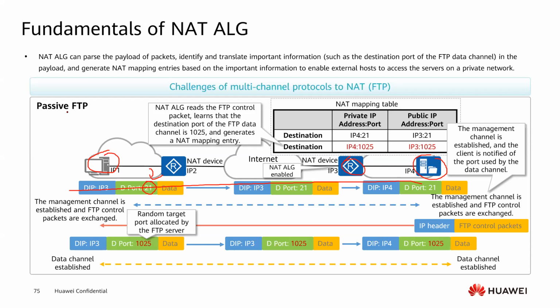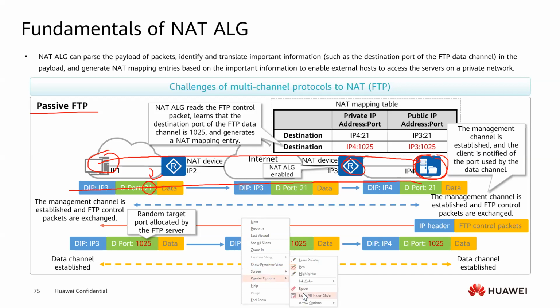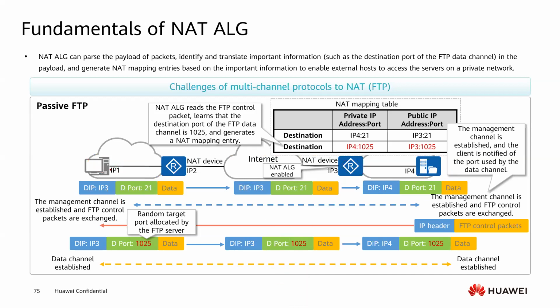And then, because I use passive FTP, the server will wait for IP1 to establish the FTP data transfer channel. Before they transfer the data, they exchange on the FTP control channel, and this PC will tell the FTP server which port it wants to use to communicate.